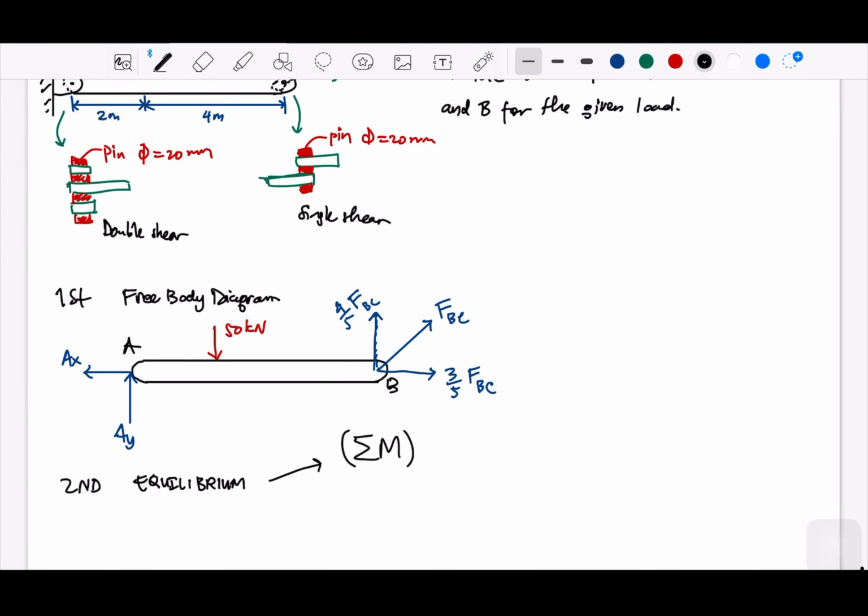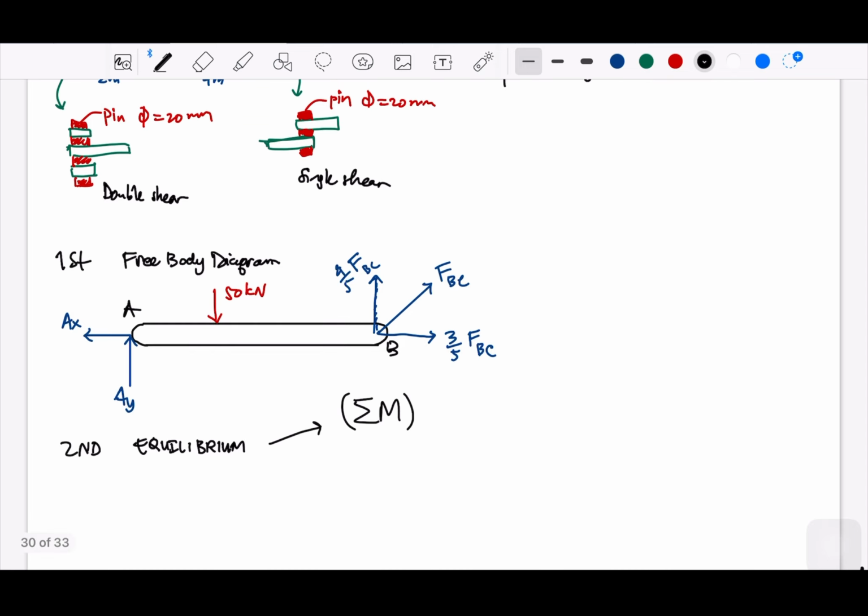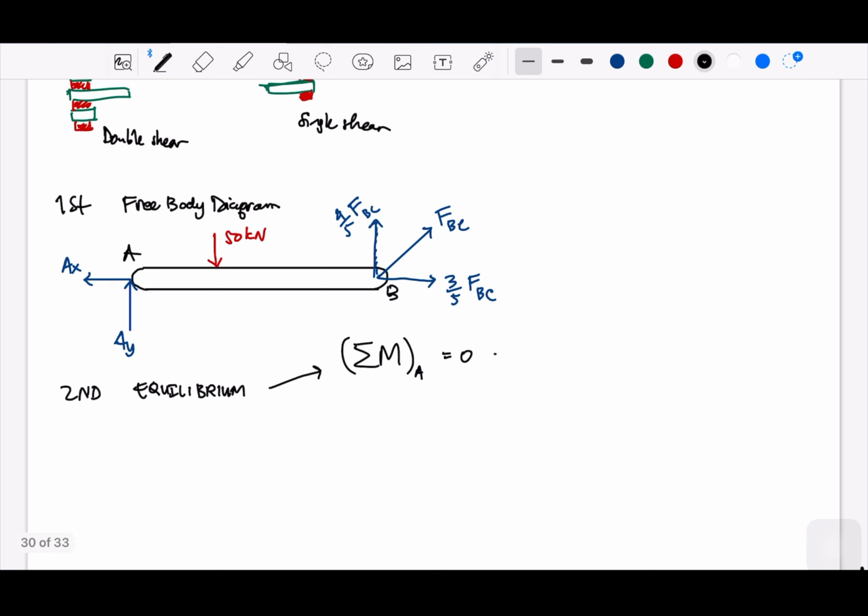So first, the free body diagram. The second step, write the equilibrium, starting with the moment. For my solution, I will take the moment at A, so everything will be coupled to this A. 50 coupled here, and then this 4/5 FBC coupled going there. So sigma moment at A is equal to 0.